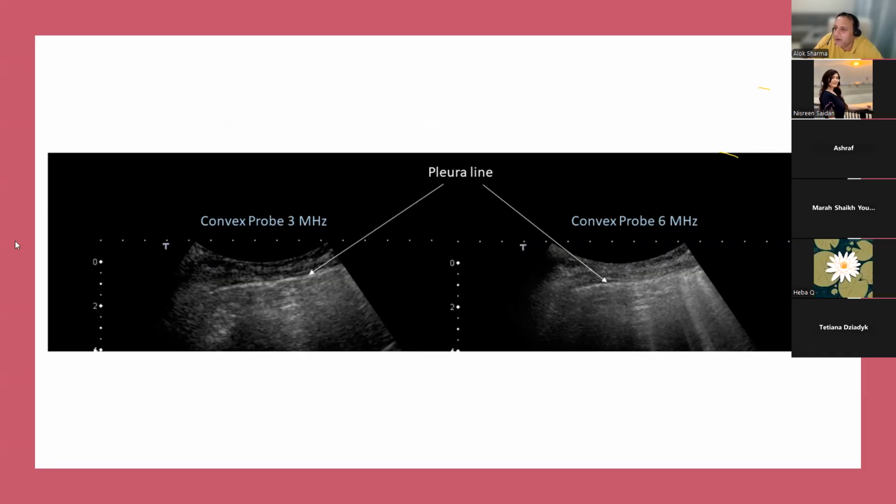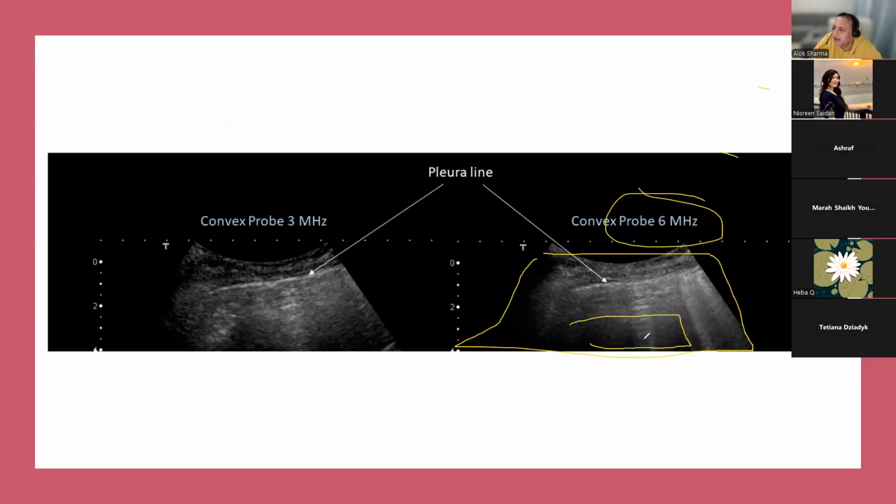And really, what I'm going to highlight is that on this particular view, you can see much better. You can see the whole of the lung right down to the bottom. But because we're using a convex probe, we're losing out a little bit with this high frequency on the depth here. It's not as well delineated.